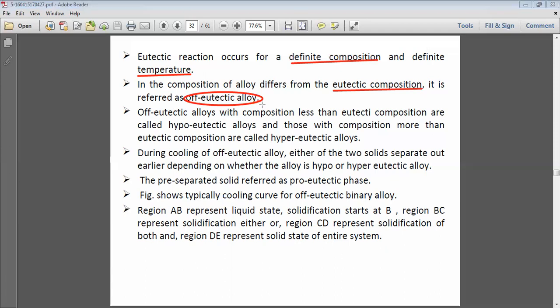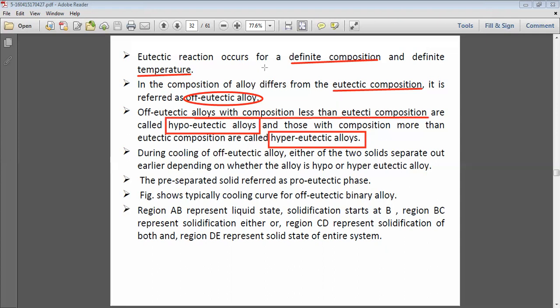Let's underline this: alloys with composition less than the eutectic composition are known as hypoeutectic alloys, and where the composition is more than the eutectic composition, it is known as a hypereutectic alloy.